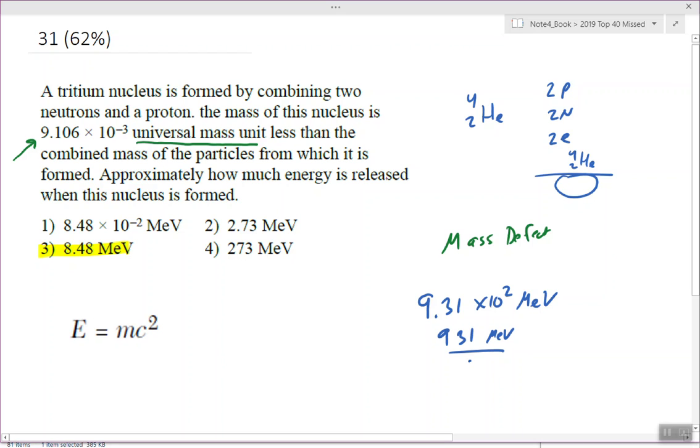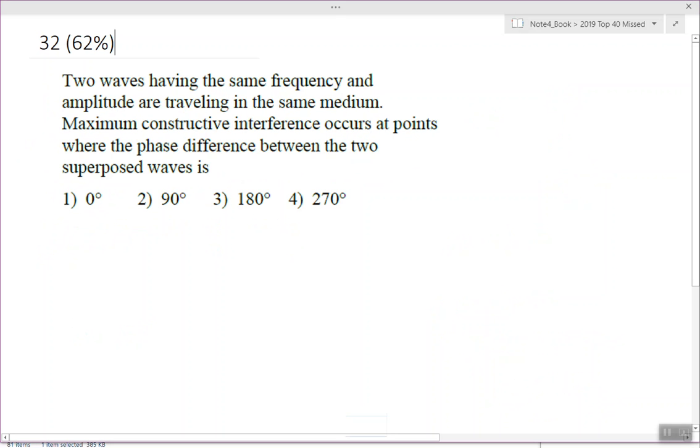That's per atomic mass unit. So you just multiply our 9.106 times 10 to the minus 3 atomic mass units, and that gives us our answer of 8.48 MeVs. So there's this much mass missing, corresponding to a binding energy of this. 32.